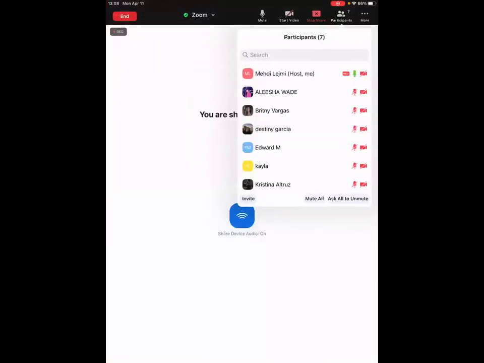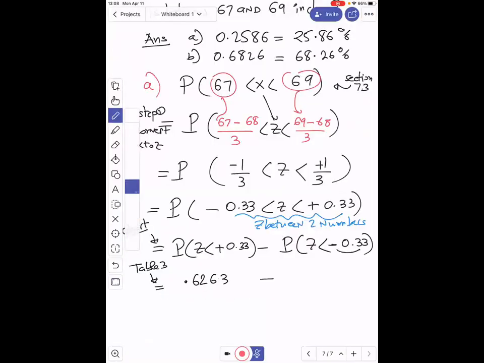So minus 3707. And the answer, as we said, is going to be 0.2586, right? So in other words, that's 25.86%.